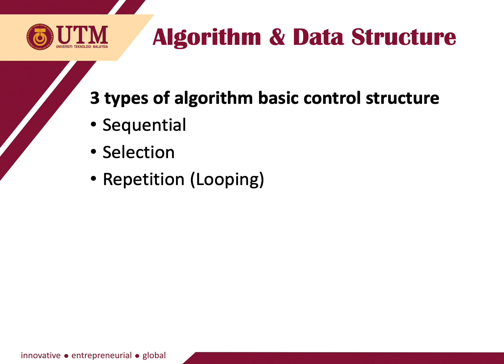The first one is sequential, one by one. Sequential means the process is step 1, step 2, and so on. And then we have selection. For example, a program for an ATM machine.